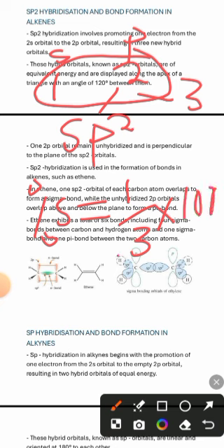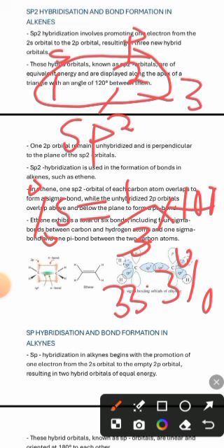Now 100 divided by 3, we are going to have approximately 33.3% of S character.